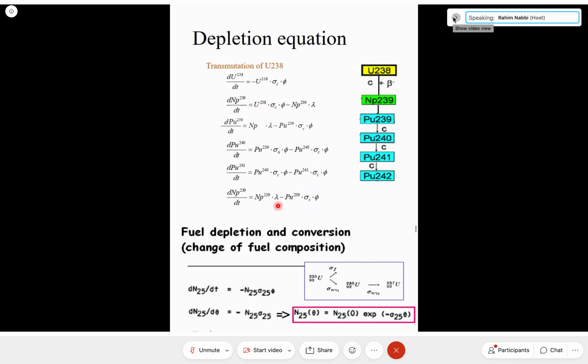And what is the concentration? You remember from the first semester, if we take the very standard fuel consisting of uranium-235 and mainly uranium-238, as we saw in the chart too, because of neutron capture and beta emission, it goes to neptunium-239, and finally it goes to plutonium-239.